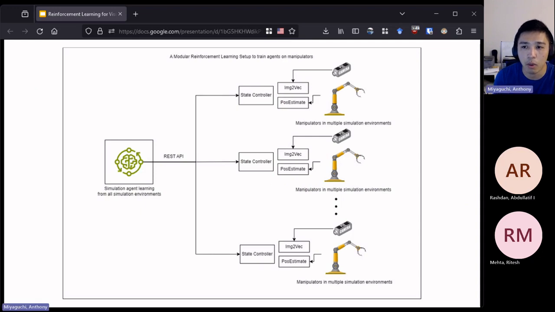At a high level, we'll have some sort of REST API that can talk to various environments. Each of these might be a separate Docker compose environment that has its own position estimate, its own look at the environment, and a state controller that provides that API between the environment and the actual reinforcement learning algorithm.